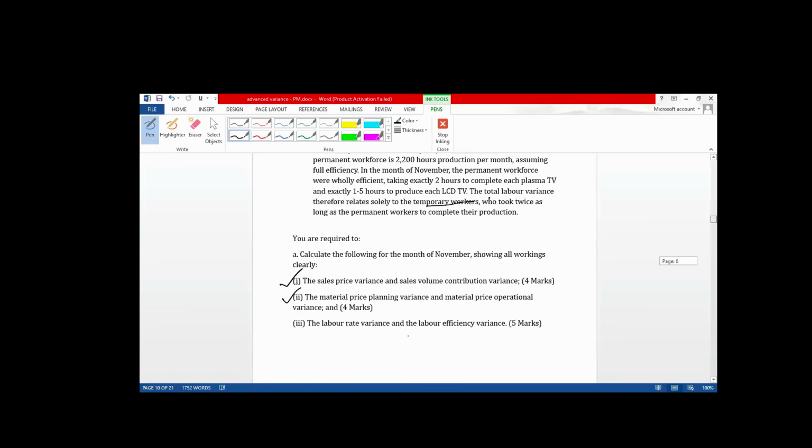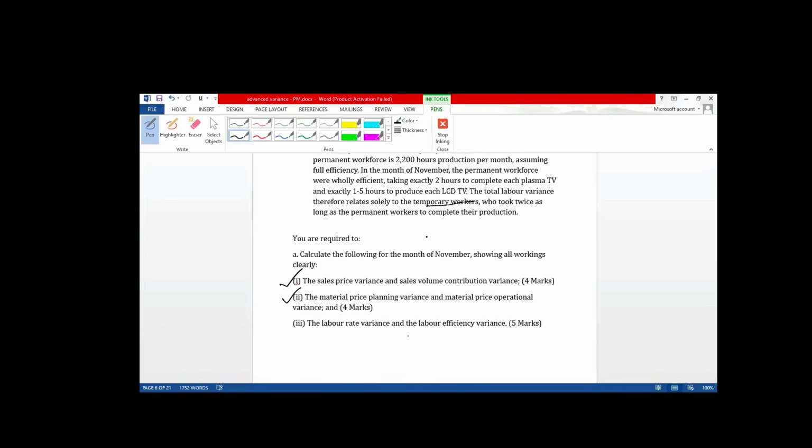Look at the last paragraph here. Note number 3. The total labor variance relates solely to the temporary workers who took twice as long as the permanent worker to complete their production.